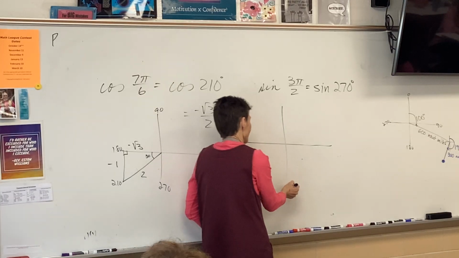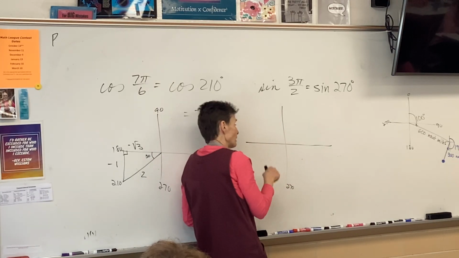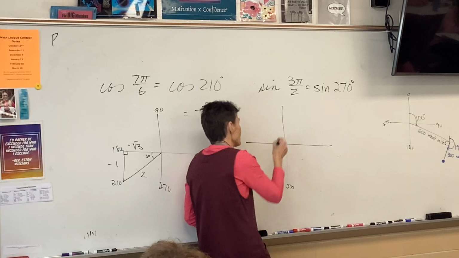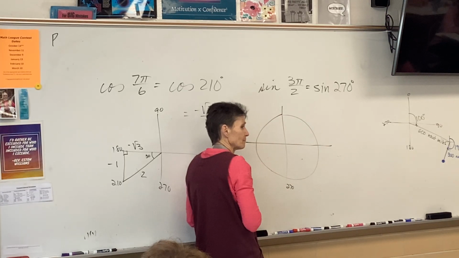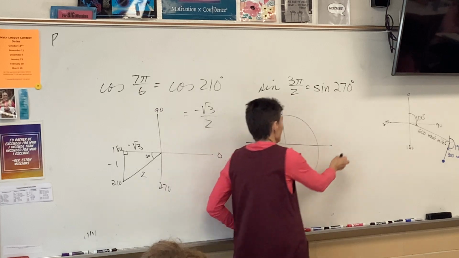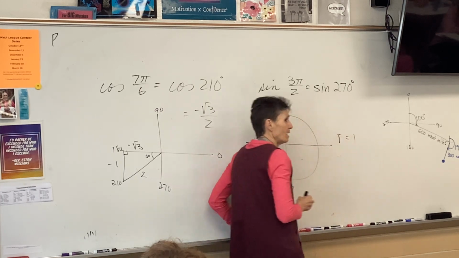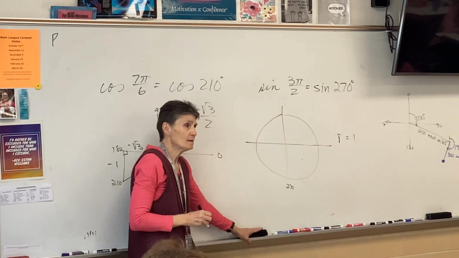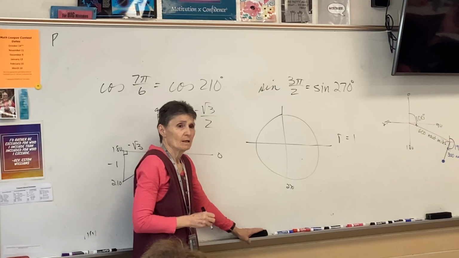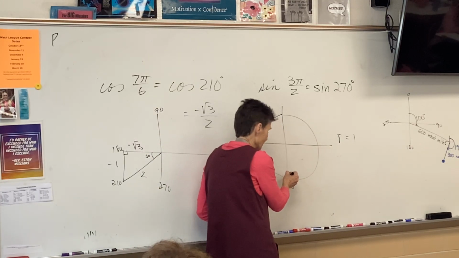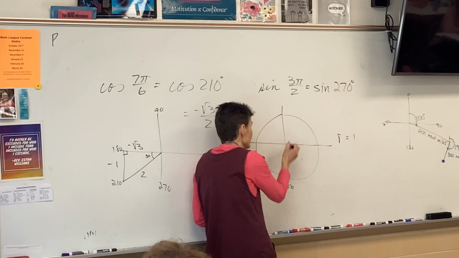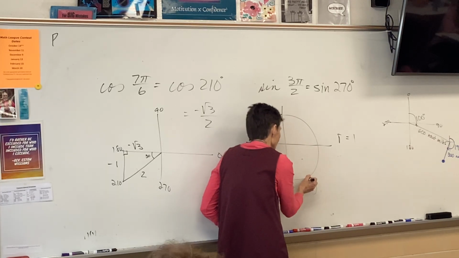It's right here, right? So it's on a line. So I'm going to have to draw a circle, and the circle is going to have a radius of 1. Which means this point right here is what? 0, negative 1. Very, very good.